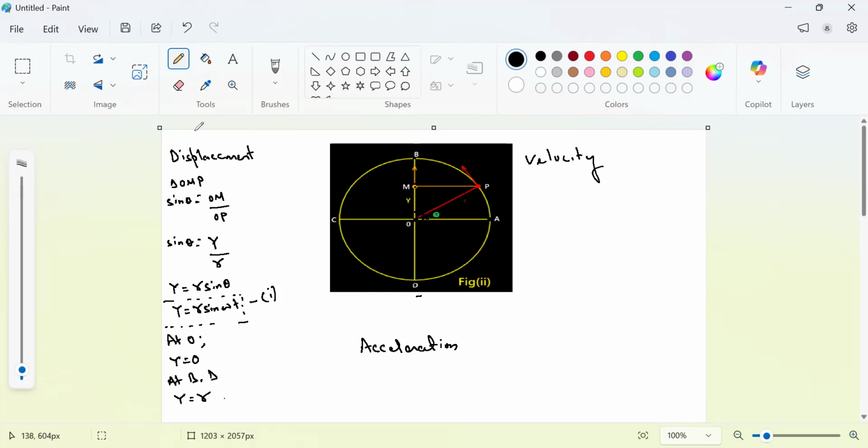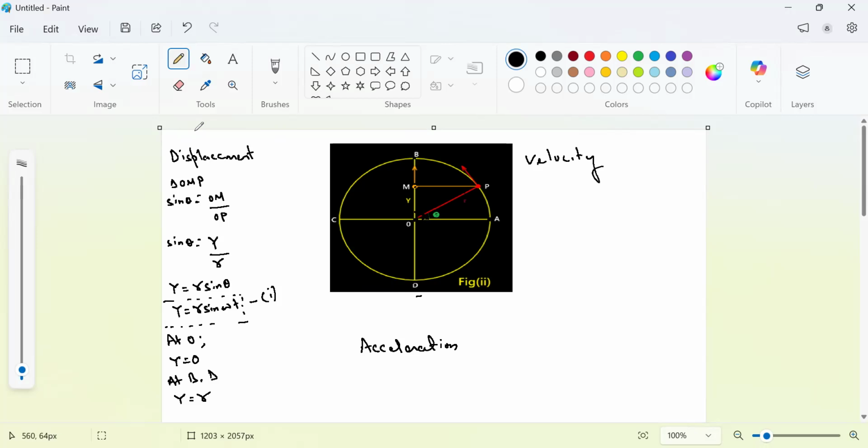So the displacement is equal to the radius of the circular path, and this is the largest displacement the particle executing simple harmonic motion can have. So we can also consider this displacement as the amplitude.